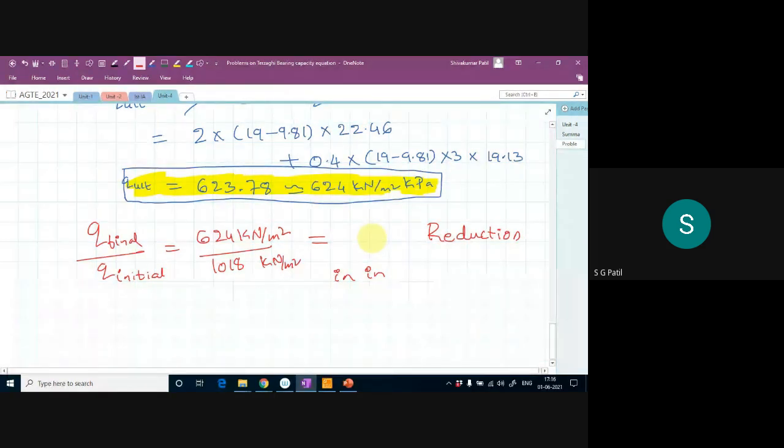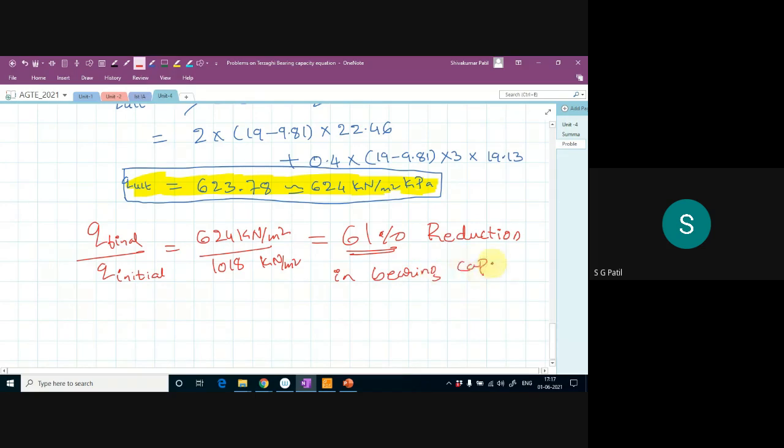Yeah, 61%. So 61% reduction in the bearing capacity. So you see, almost more than 50%.